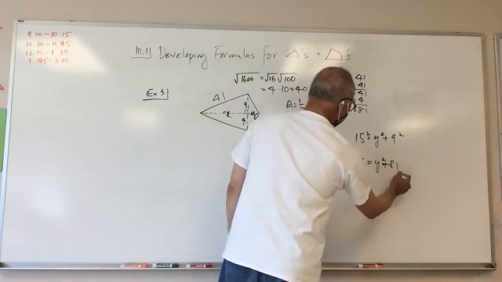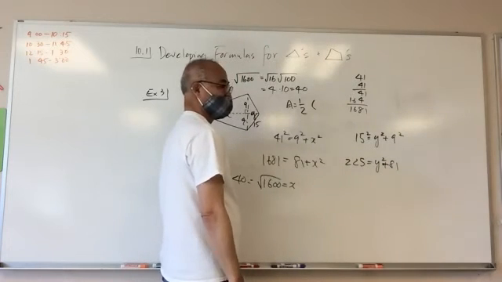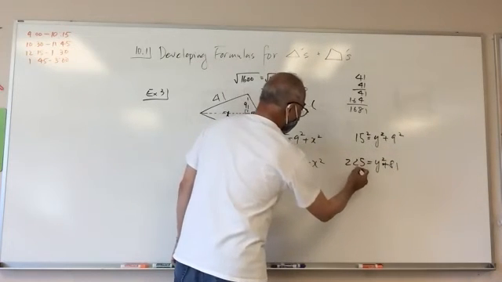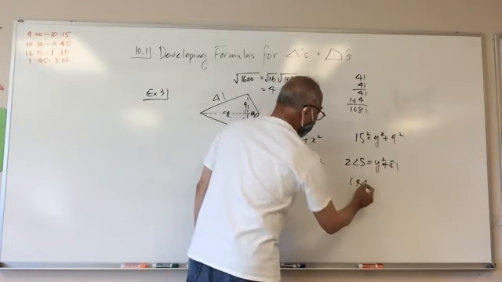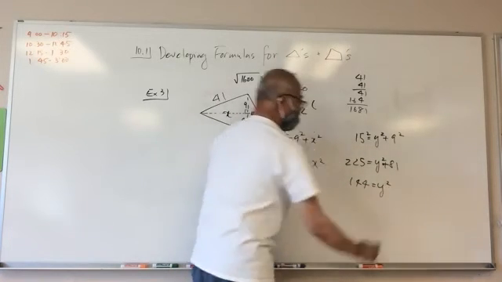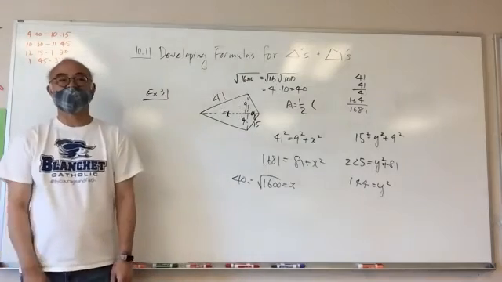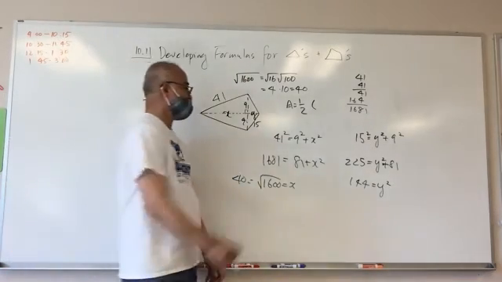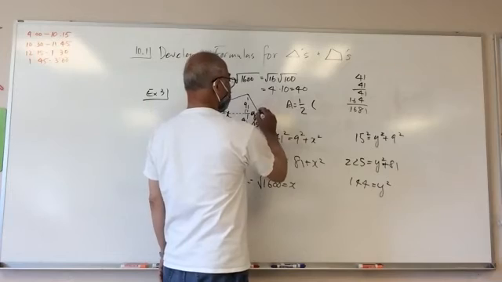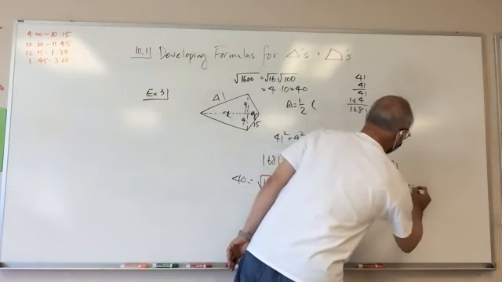Again, 9 squared is 81. So I move it over, subtract the 81 out, I get 144. Any takers on square root of 144? 12, right? So it's going to be 12. So your y is going to be equal to 12.